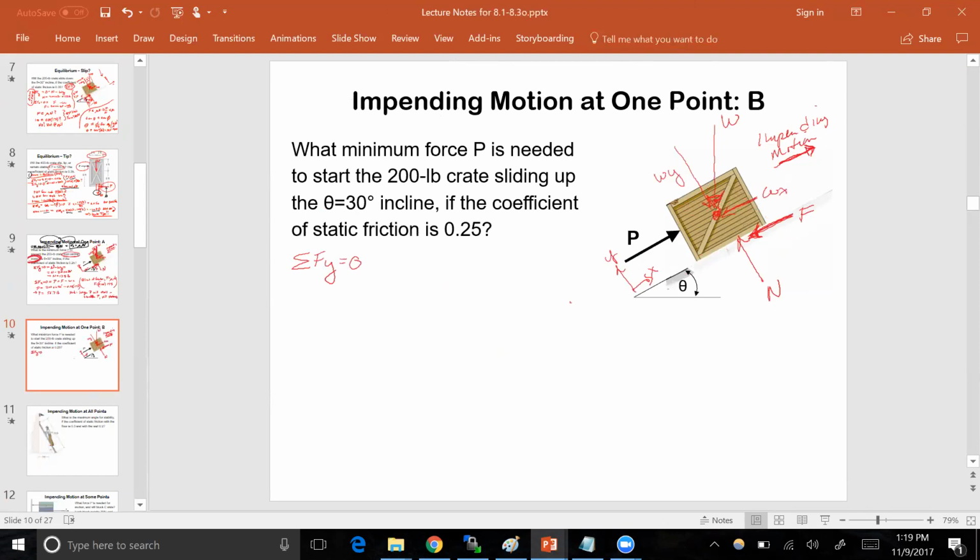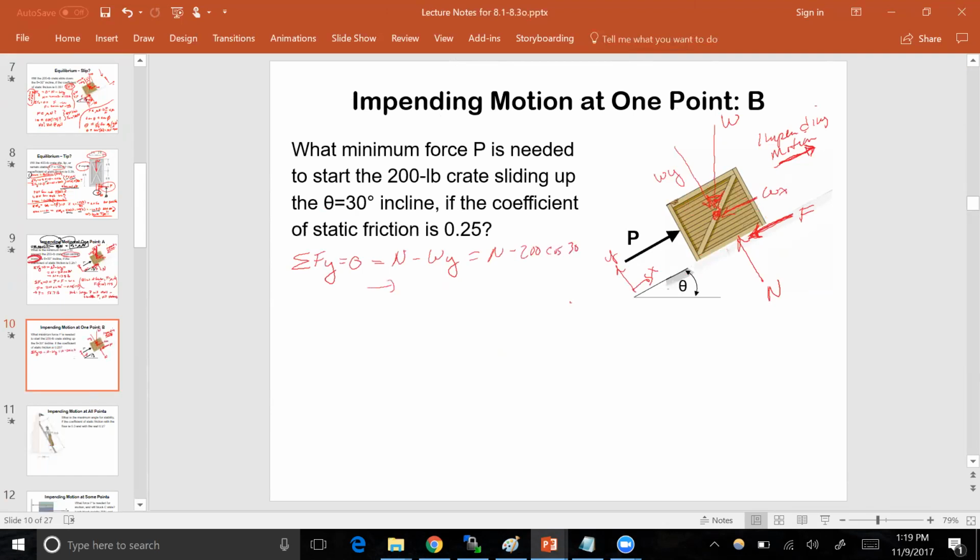So the sum of the FYs equals 0 again. So it's N minus WY, and that's the same. Basically, it's N minus 200 times the cosine of 30.